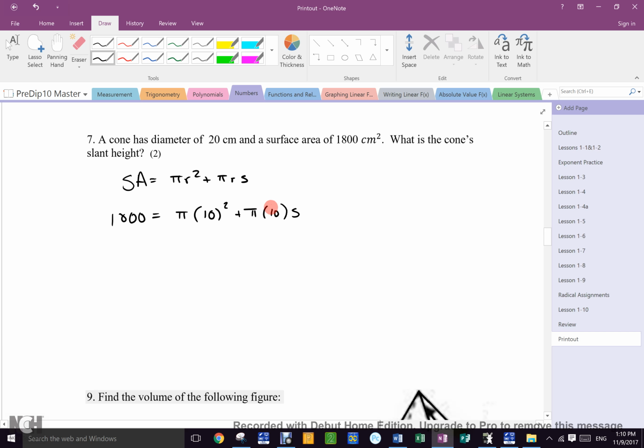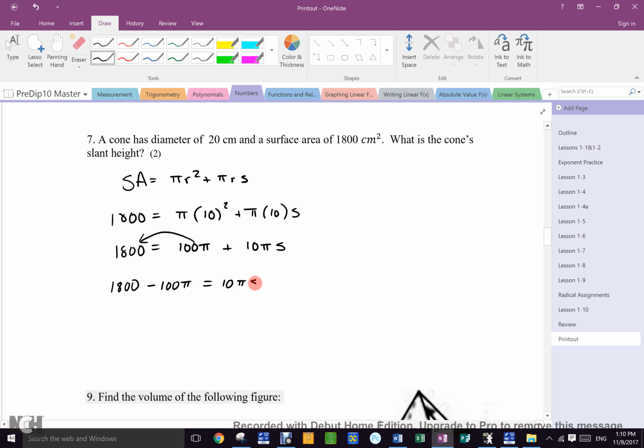They must have remembered that r equaled 10. 1800 equals 100 pi plus 10 pi s. S needs to be gotten by itself. Here is where you're going to make your mistake. This needs to move over here. 1800 minus 100 pi. There is no division done with 100 pi.